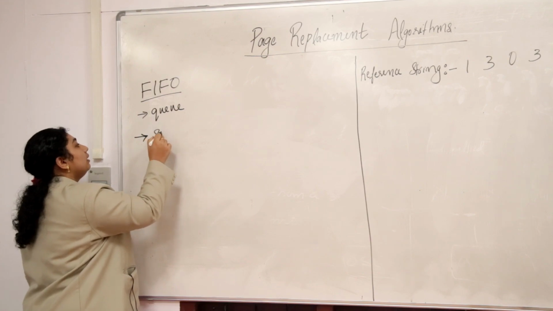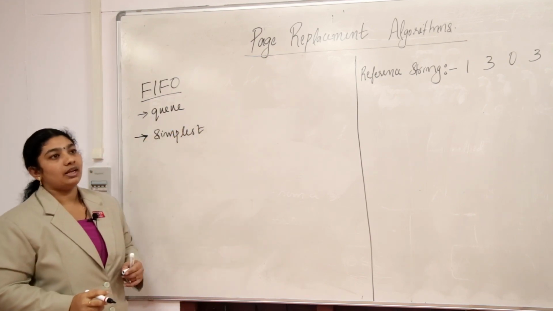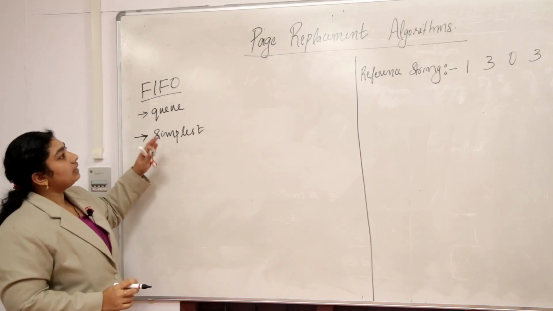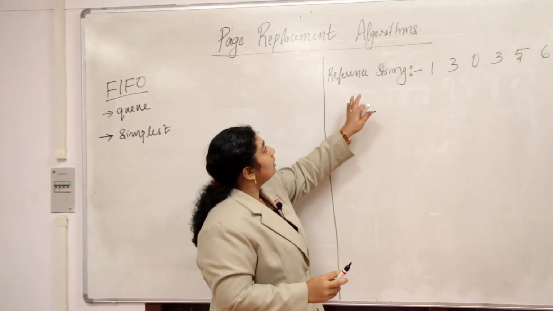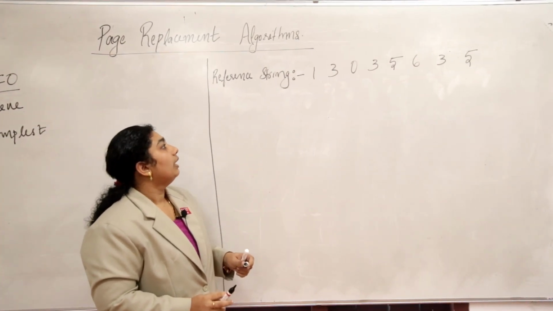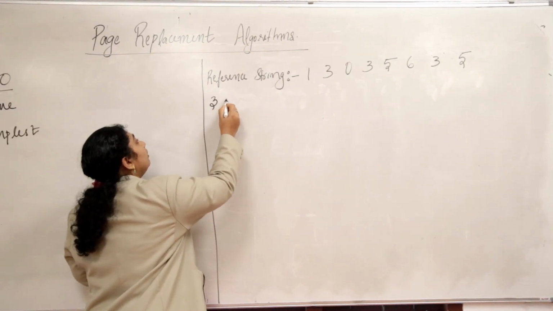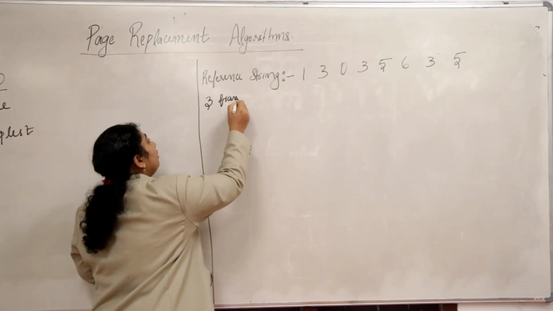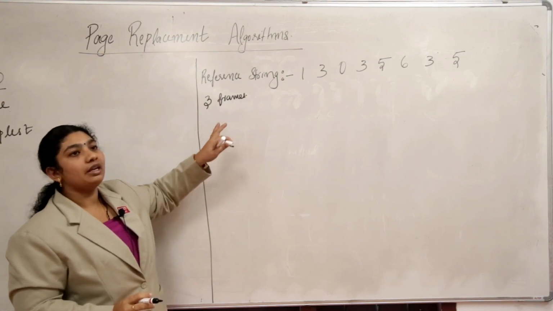It is the simplest page replacement algorithm. We'll see how FIFO works with an example. Assume this is a reference string, the requested page numbers, and we consider a physical memory with 3 frames.